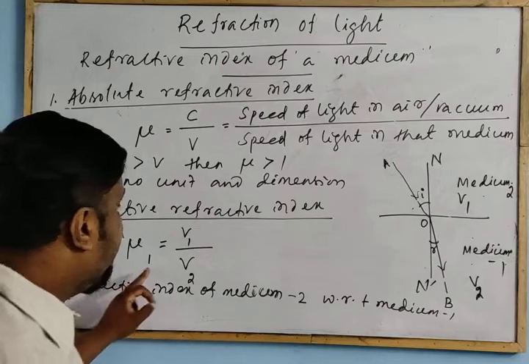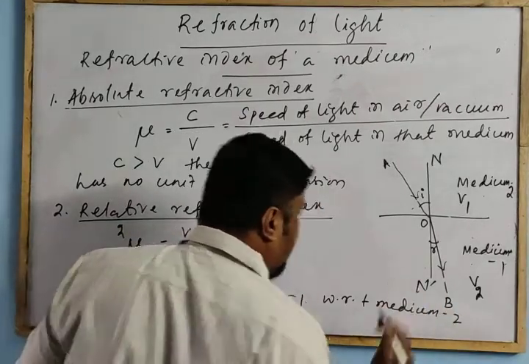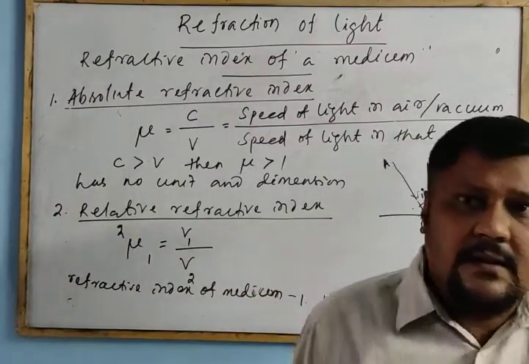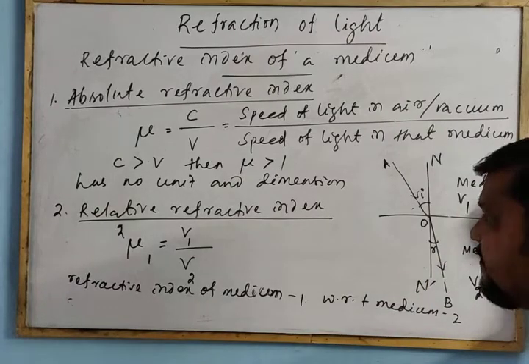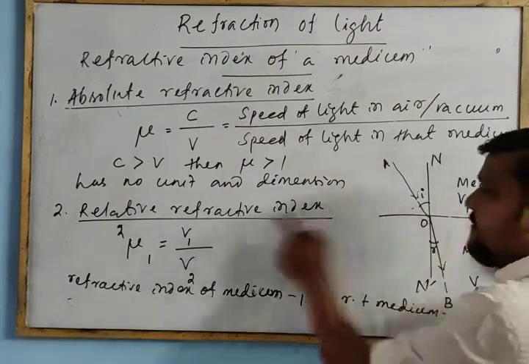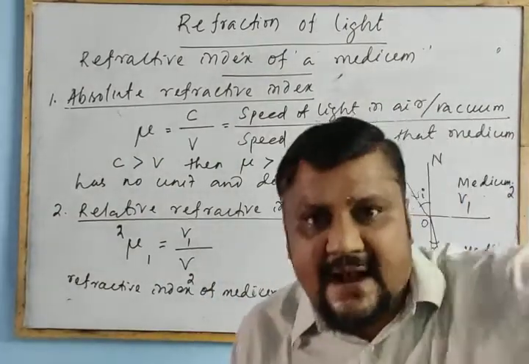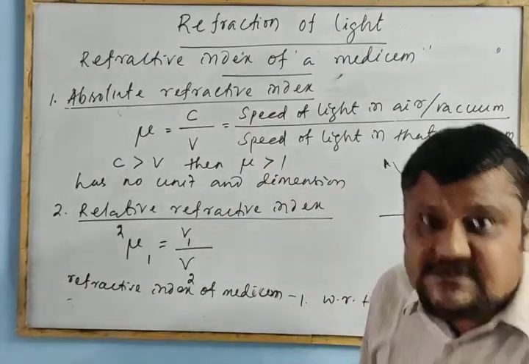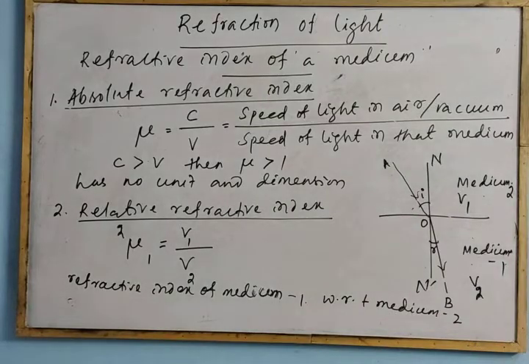Refractive index of medium 1 we read with respect to medium 2, equal to the speed of light from where it comes, from medium 2, v1 divided by v2. Means from where it comes, that speed, divided by the speed in the medium to which it goes. So this is called relative refractive index.